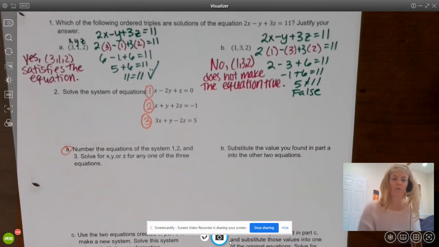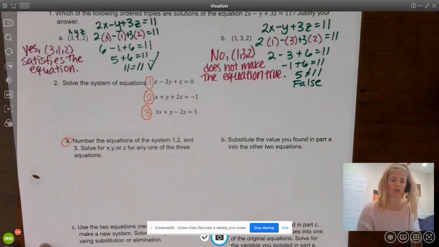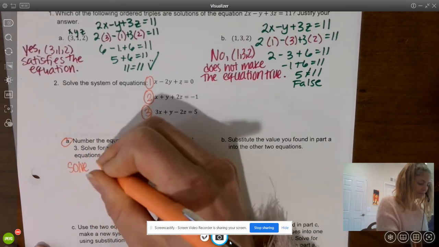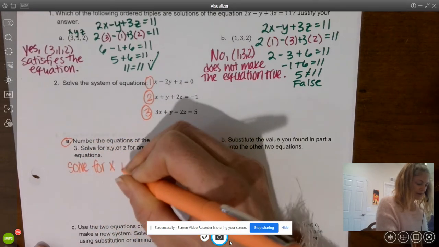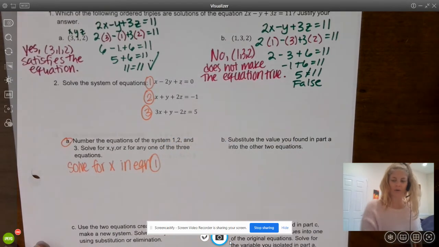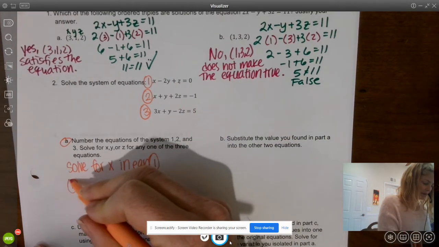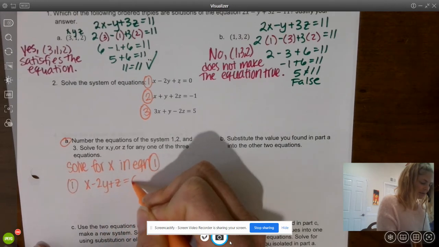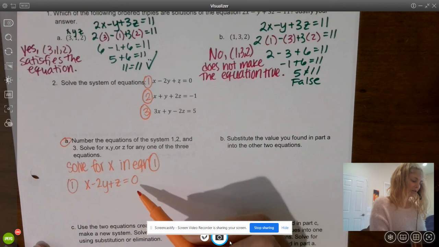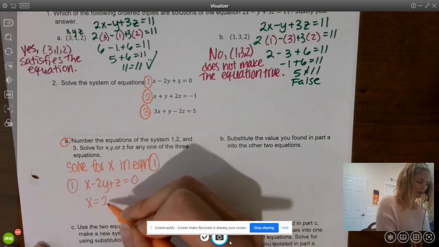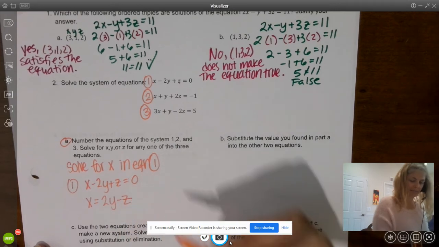It doesn't matter where you start, but we need to be organized, so I'm going to solve for x in equation 1. I'll write equation 1 here: x minus 2y plus z equals 0. I need to add 2y and subtract z, so I get x equals 2y minus z. Okay.